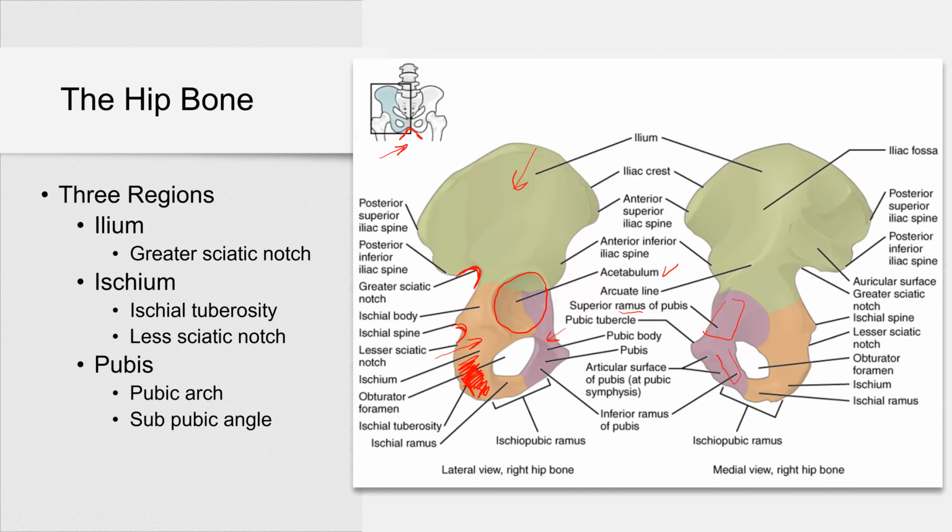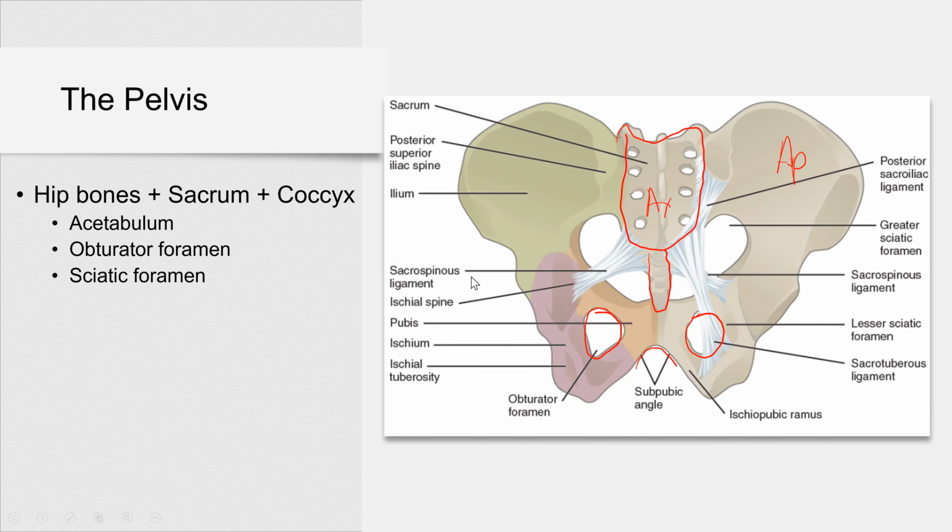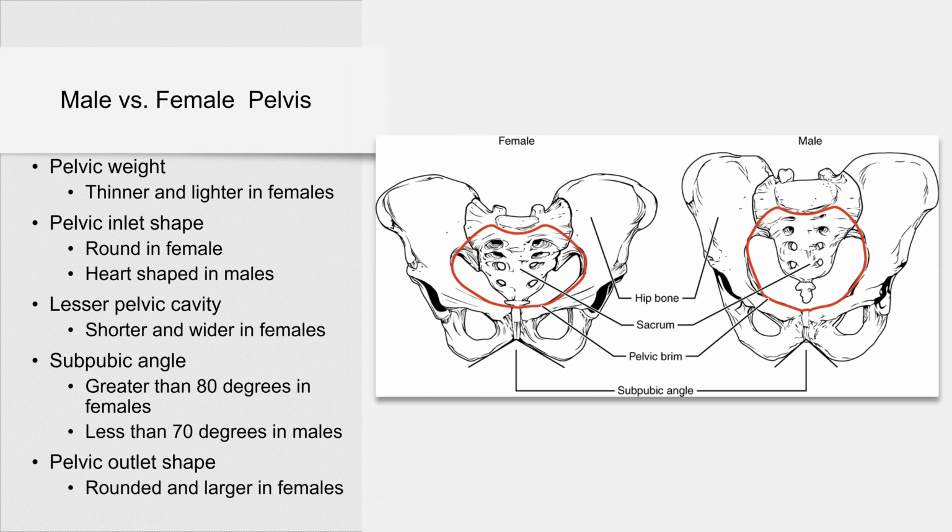So acetabulum, remember, is this socket right there where the femur fits, and the sciatic foramen will be formed by those sciatic notches. Yeah, you can see it over here. I'm sorry, because we have those ligaments. So here's our sciatic foramen. It's not the best view, but this is where our nerves and blood vessels are passing through as well.